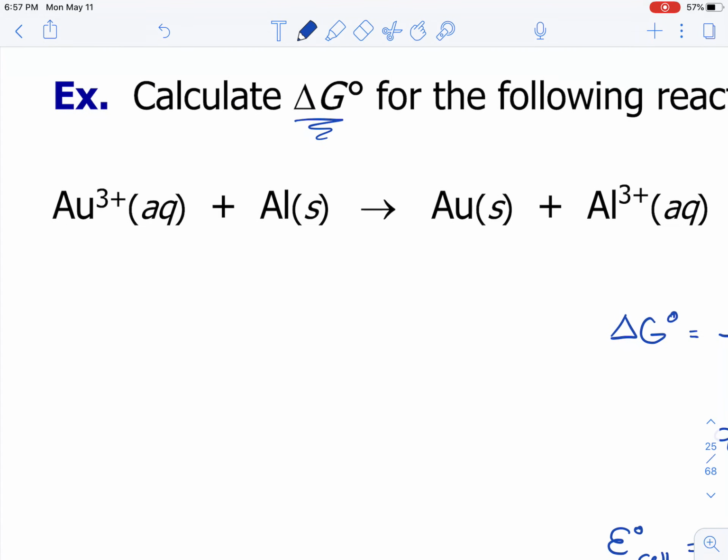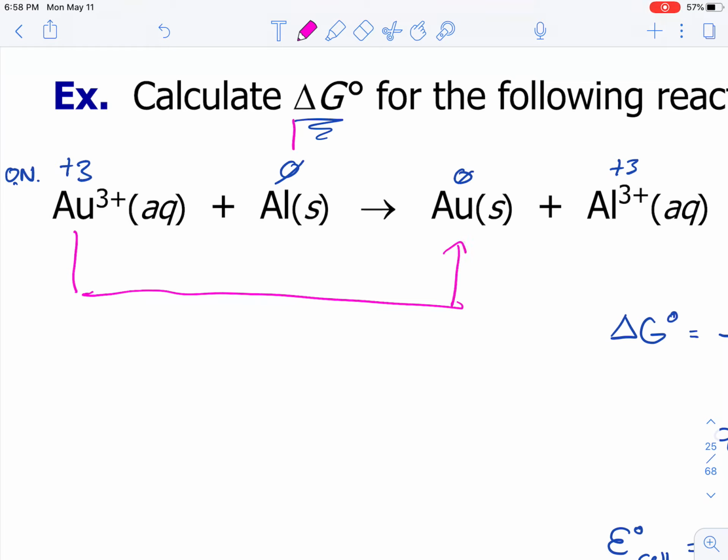All right, so to determine what's oxidized and what's reduced, I need to list out my oxidation numbers. So this is going to be +3. This is going to be 0, 0, and +3. And so I'm going to compare gold before and after the chemical reaction, and I'm going to compare the oxidation numbers for aluminum before and after the chemical reaction.